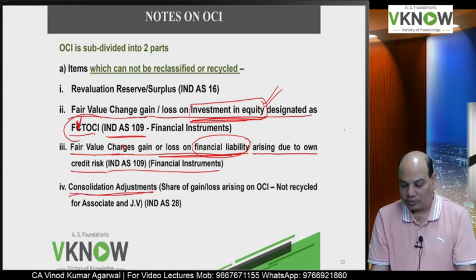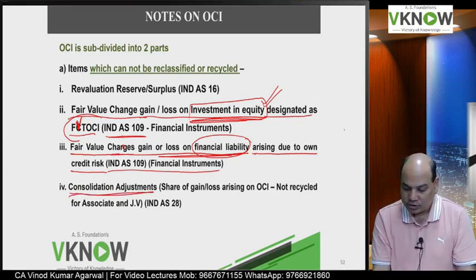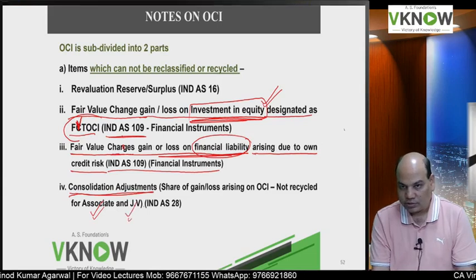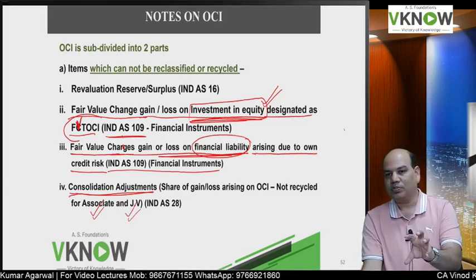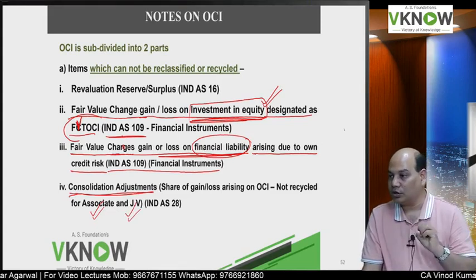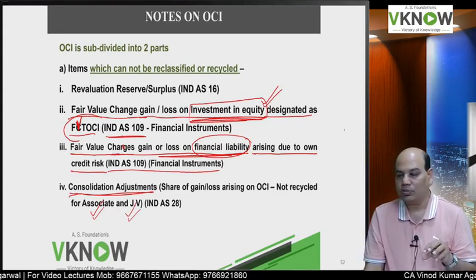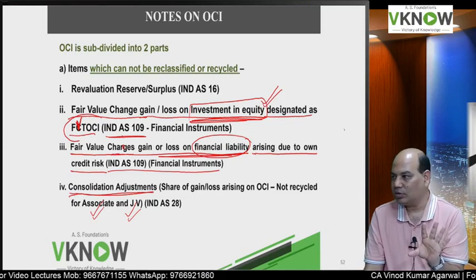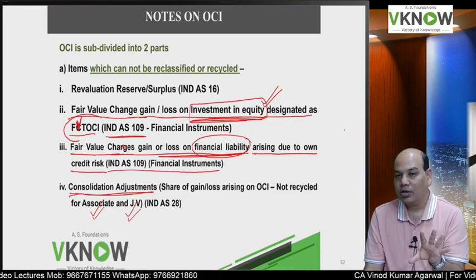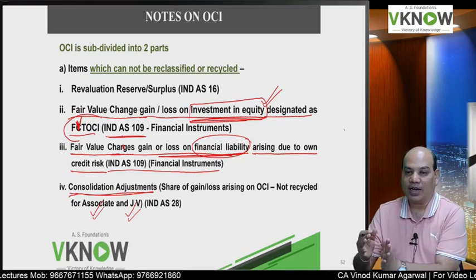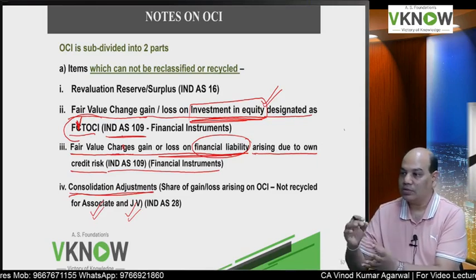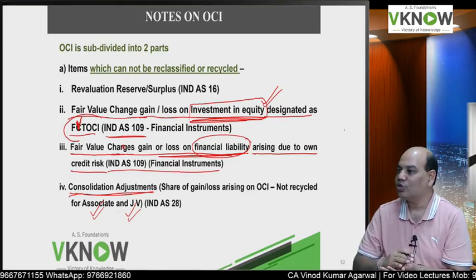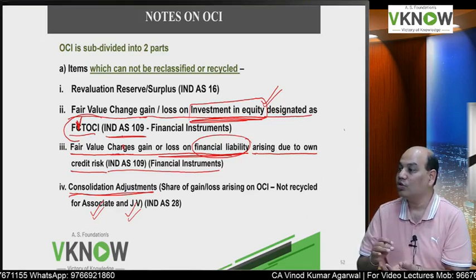And then one more, fourth item, consolidated adjustment. Like for example, interesting thing, understand, suppose you have an associate or a joint venture. Associate means companies where you have significant influence, where you are holding between 20 to 50%, generally, not necessarily. So you have to add their OCI item in your OCI to the extent of your share.